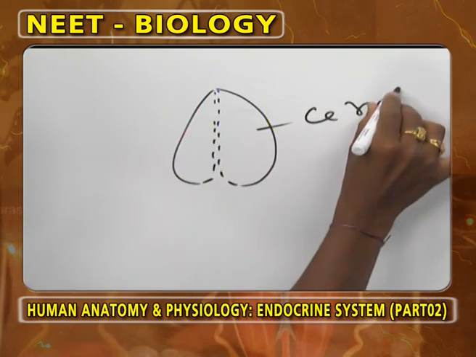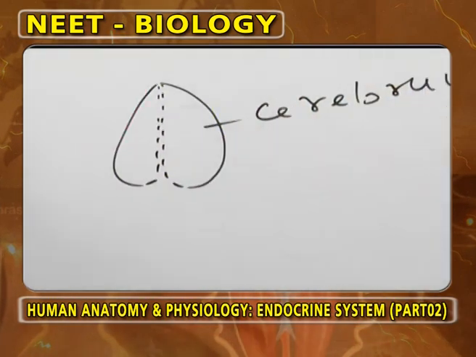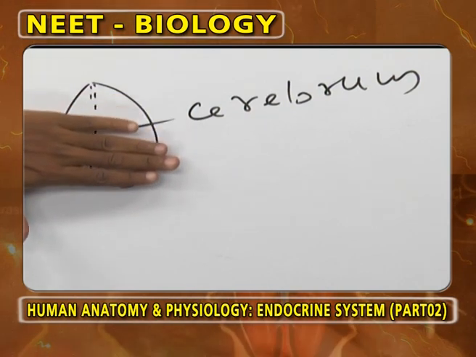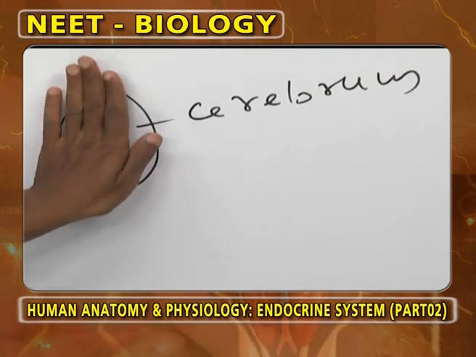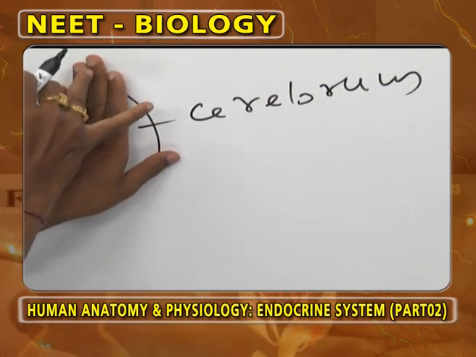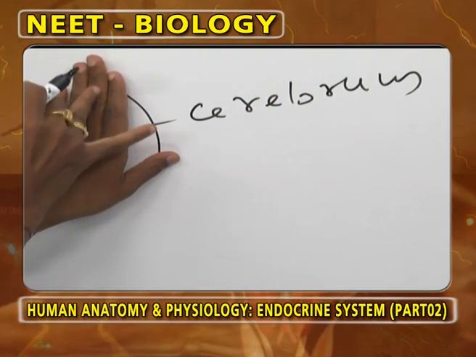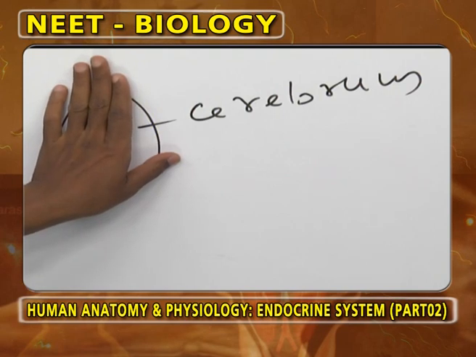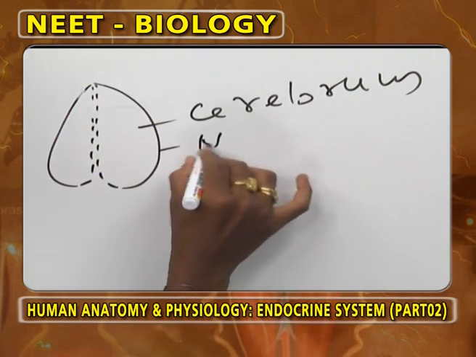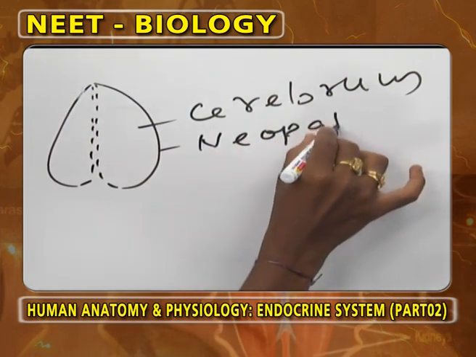This is called the cerebrum. Now this is the dorsal side of cerebrum. The dorsal side of cerebrum is gray in color. The dorsal side of cerebrum is called the neopallium.